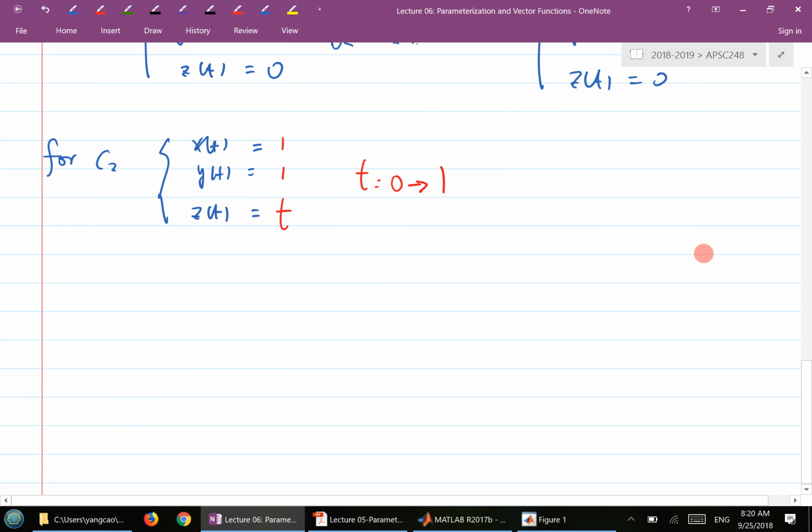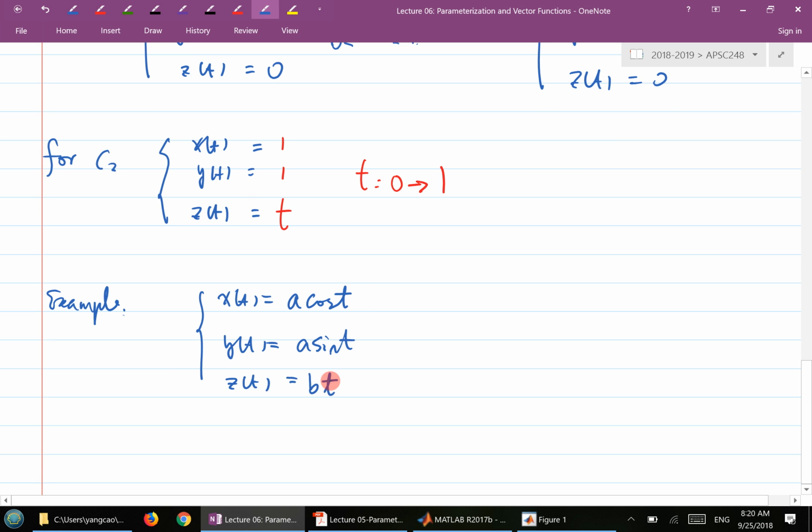And I'll give you another one here. So this last example is not to parameterize a certain curve.